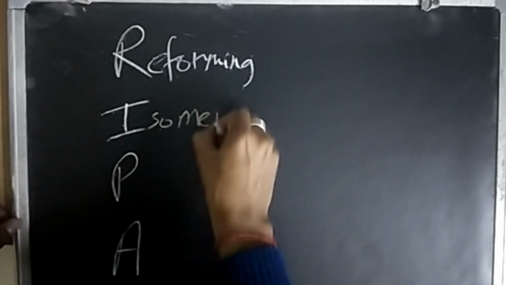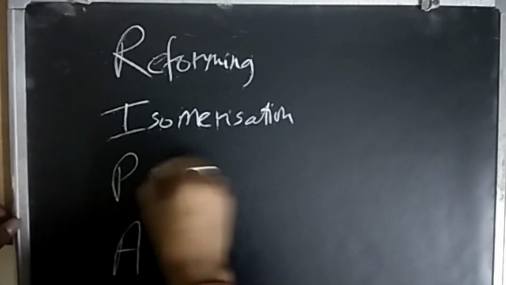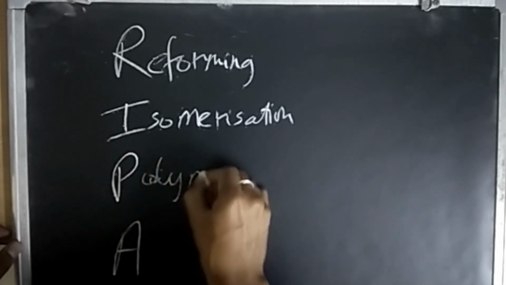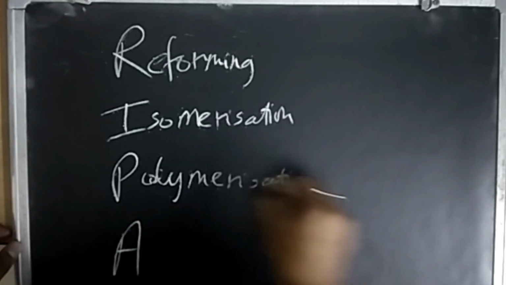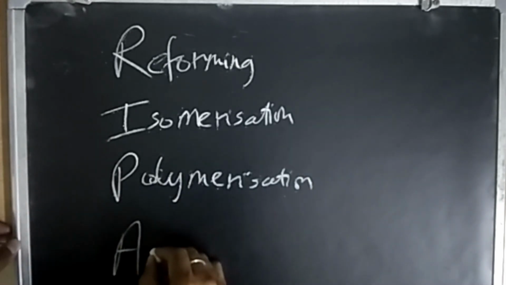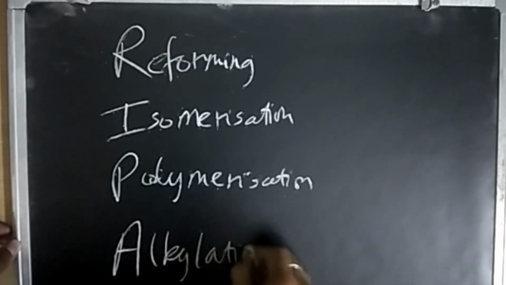Now we have different processes. Four types of processes are really main, and these are RIPA: first, reforming; isomerization; polymerization, which occur in the petroleum industry only; and alkylation.